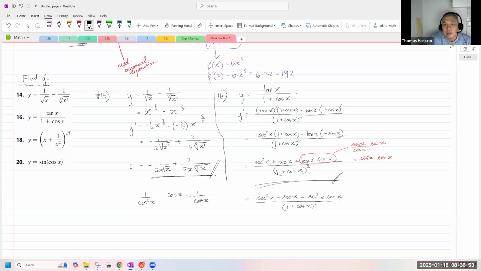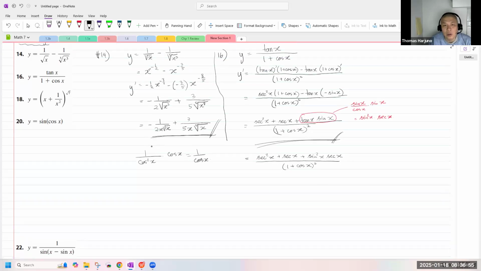Okay, now imagine if I factor the secant x on the top and then rewrite that as 1 over cosine x. So one of the secant x is taken away from the top and then rewritten as cosine on the denominator.